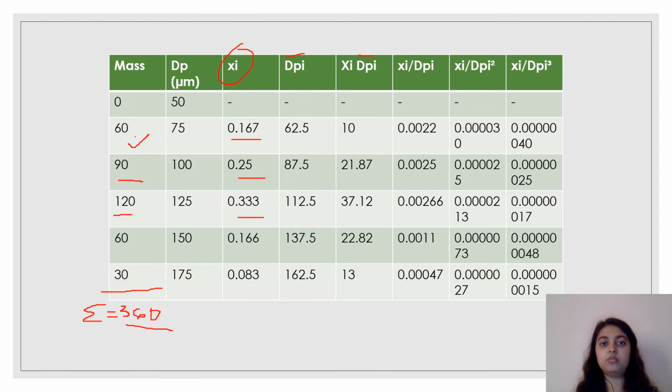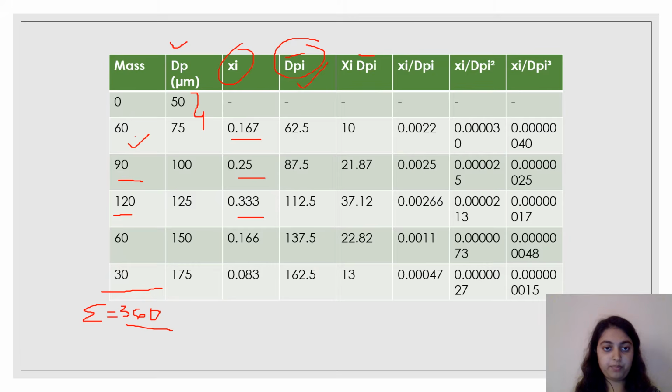This is how you calculate the xi fraction column. Next column is dpi bar. In the data we have been given the particle diameter, and from the dp values we have to calculate the average particle diameter. To calculate this dpi bar column, we just have to take the average of the two.